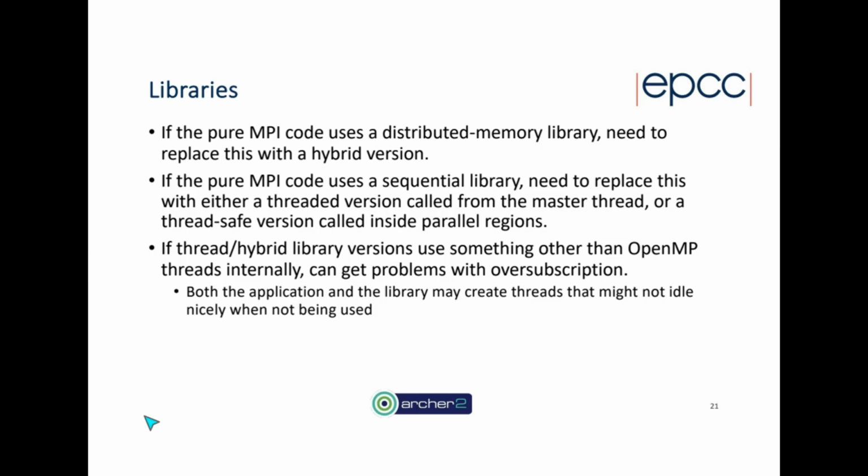Maybe if the library is not on the performance critical path, that doesn't matter. But if your library is doing a significant amount of the computation for you, then you're going to want to replace that with a hybrid version. Such a thing may or may not exist depending on what library you're using. Some libraries have MPI versions but don't have multi-threaded versions.